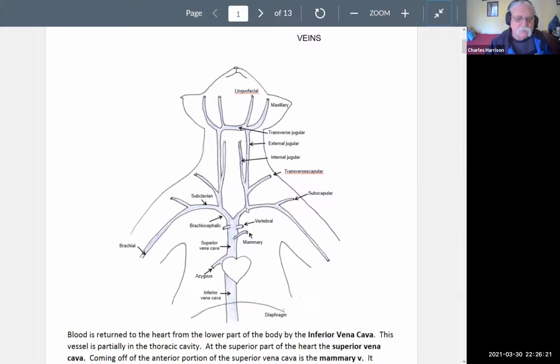From where my cursor is now to where it ends up, here is the external jugular vein. It's drawn nice and straight here, but in reality, you find it in the cat, and it's quite often got a curve or two in it.